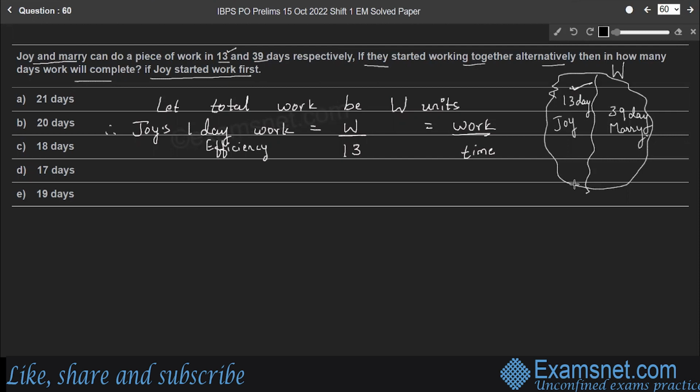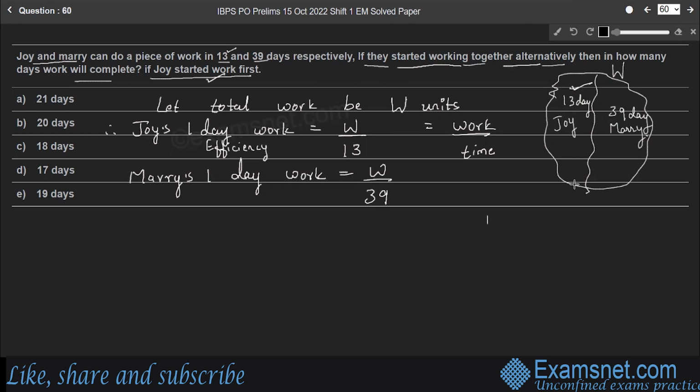Whereas Mary's 1 day work is W by 39, again work by time. Mary takes 39 days to complete the piece of work, so W by 39 units. Here we are using the trial and error method, and it is given that they started working together alternately and Joy started work first.